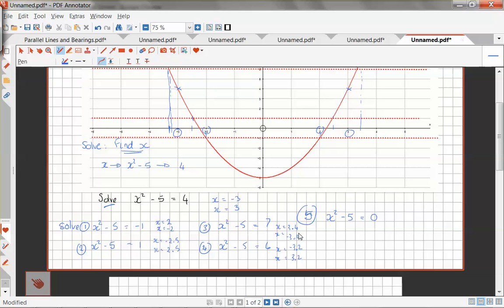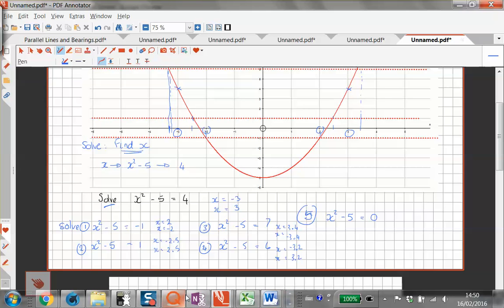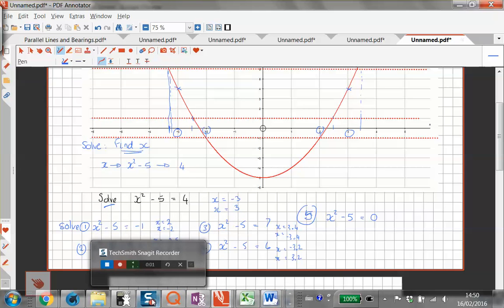See how close 3.4 is, for instance. I want you to do them all, so a bit of practice on your calculator. Don't worry about writing it down unless you've got a different answer to what you wrote from your graph. Then don't rub out the one from your graph, just write it next to it and say calculator answer. Everyone clear? Let me know if you need some help.